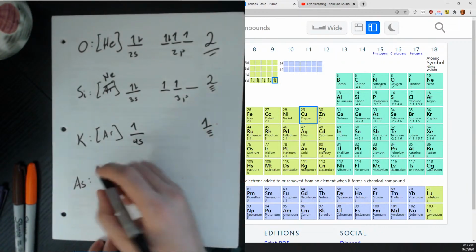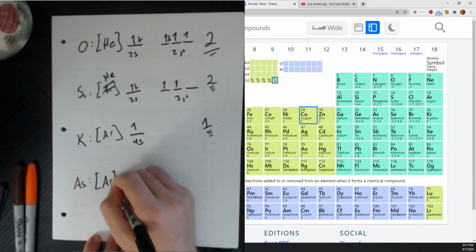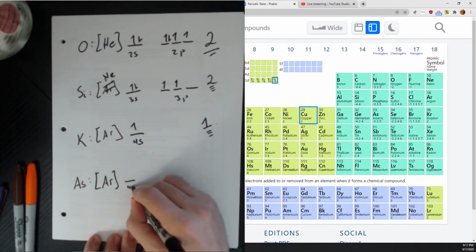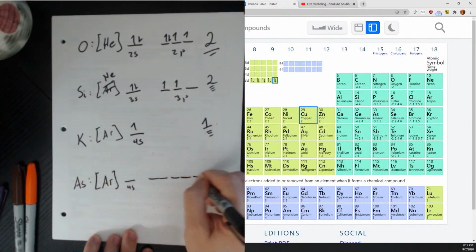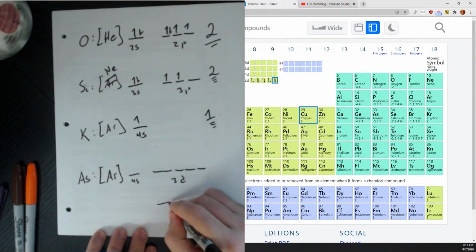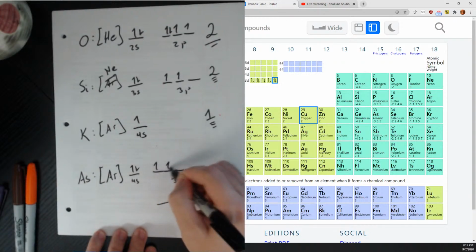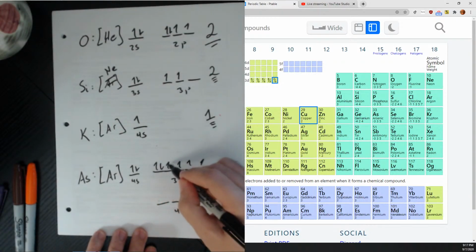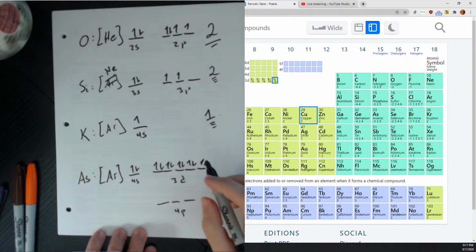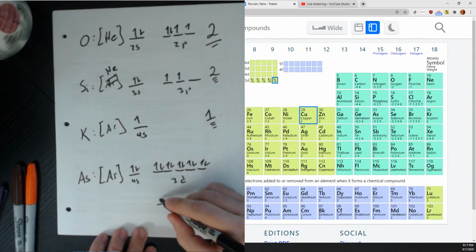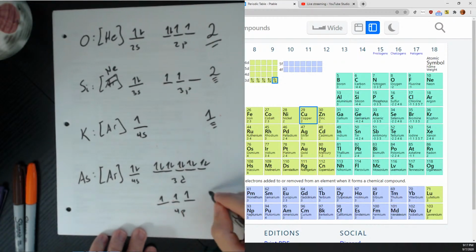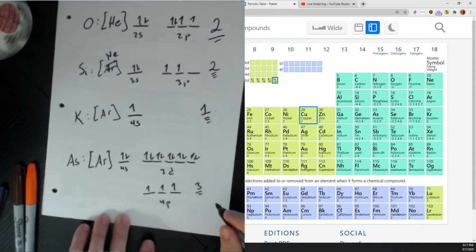Previous noble gas is also argon. 4s, 3d, 4p, 1, 2, 3, 4, 5, 6, 7, 8, 9, 10, 11, 12. Then it's in the third column, so it has 1, 2, 3 unpaired electrons.